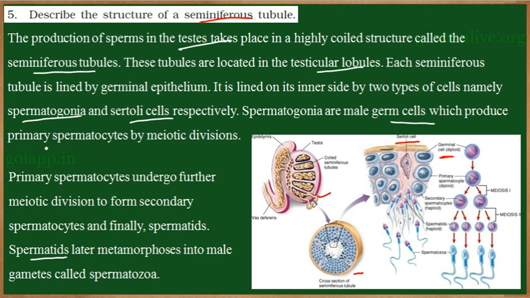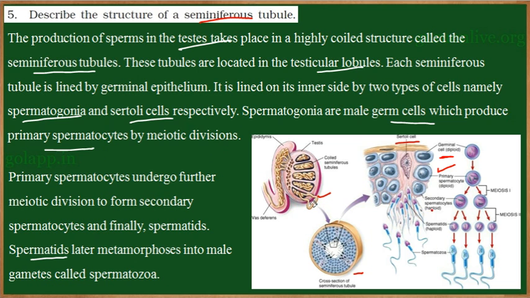Once the spermatogonium develops, it undergoes multiplication, produces more of its own kind, and they start growing. This completely grown cell is called the primary spermatocyte. So here we can see the primary spermatocyte. Now this undergoes meiotic division giving rise to a haploid cell.